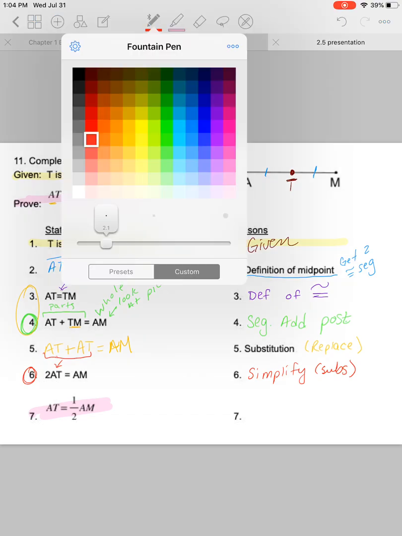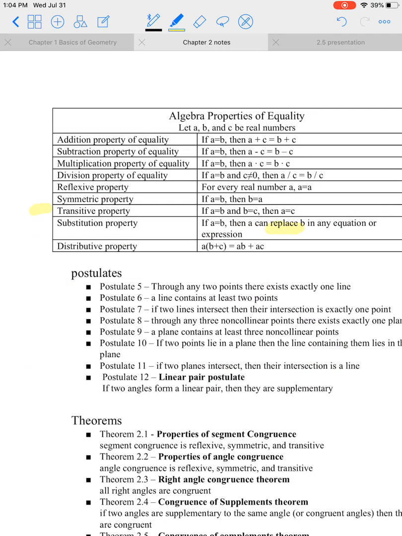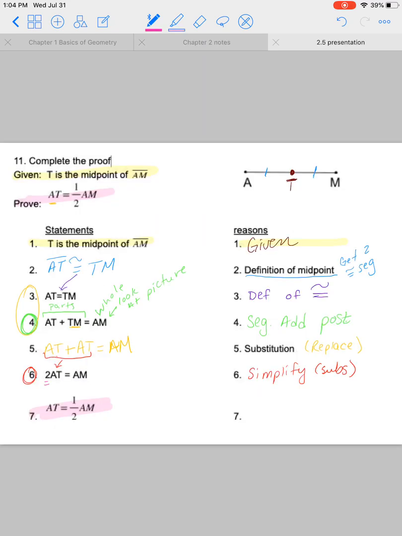And then last, we are able to get, if we use our calculation process, this 2 needs to be removed. It is multiplication. And remember that we can use the division property to remove multiplication.